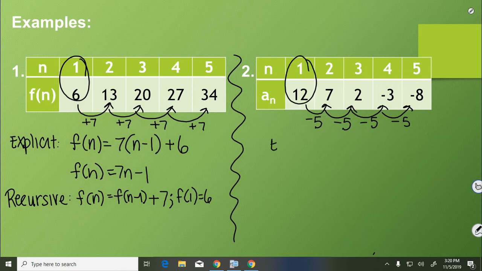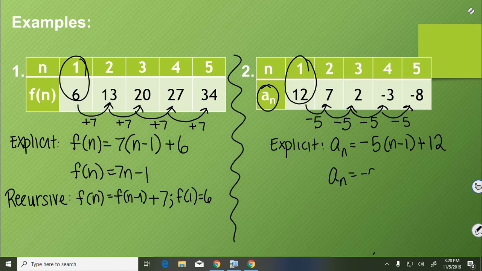So we have explicitly a of n this time, because that's the way the table is read, equals negative 5 times n minus 1 plus 12. And again, if I were to go back 5, add 5 to 12, I would get 17.